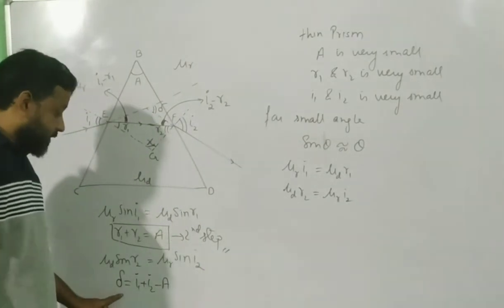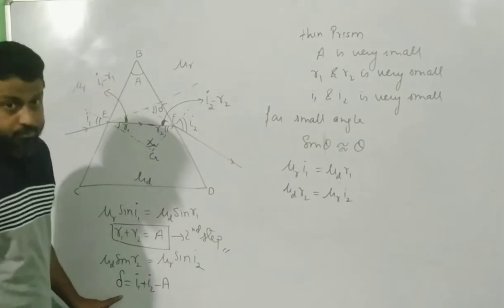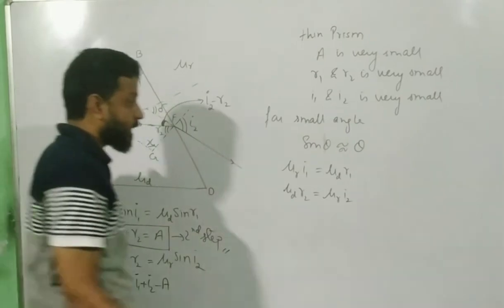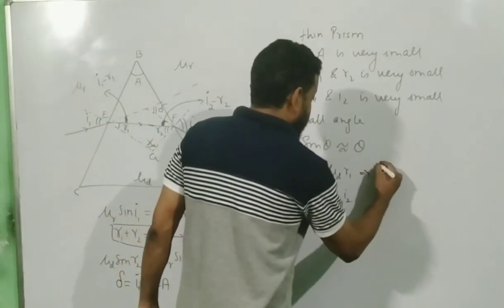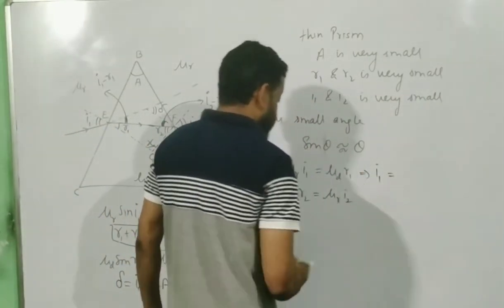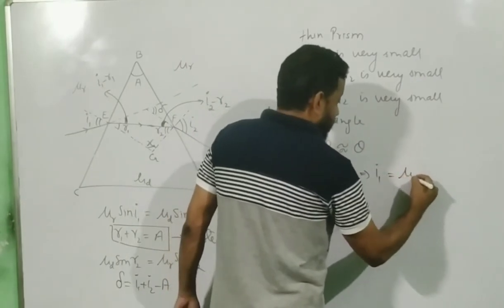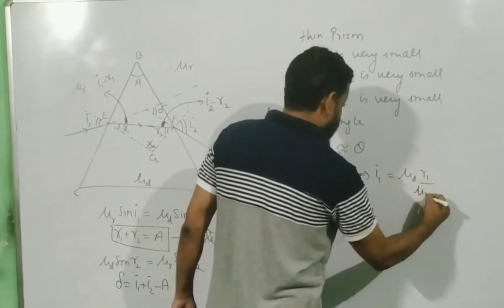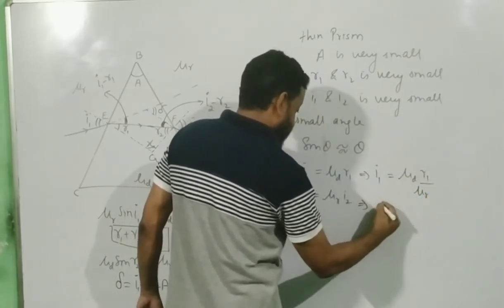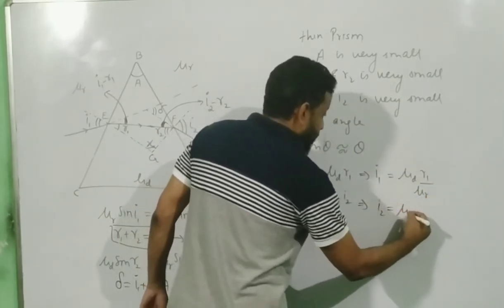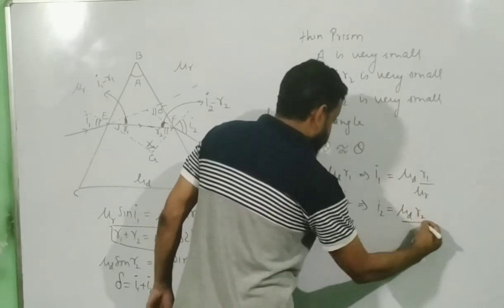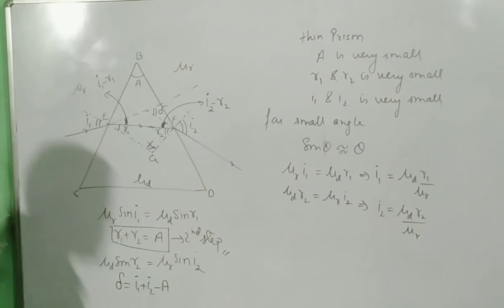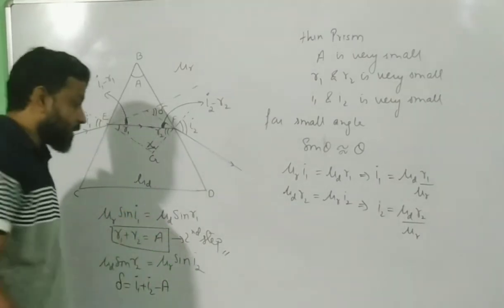Our ultimate destination is to find the value of deviation for thin prism, and in that I have I1 and I2. So let us try to find what is I1 from this equation. This implies I1 will be equal to mu d R1 divided by mu r, and this implies I2 is equal to mu d R2 divided by mu r. Okay, now put that in the value of deviation.